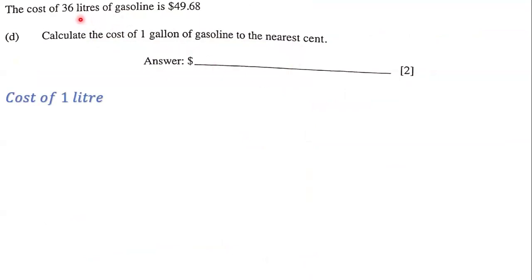We know that 36 liters of gasoline is equal to $49.68. But what is the cost of 1 liter given this information? Now the cost of 1 liter is going to be $49.68 divided by 36. And so that means that the cost of 1 liter of gasoline is going to be $1.38.